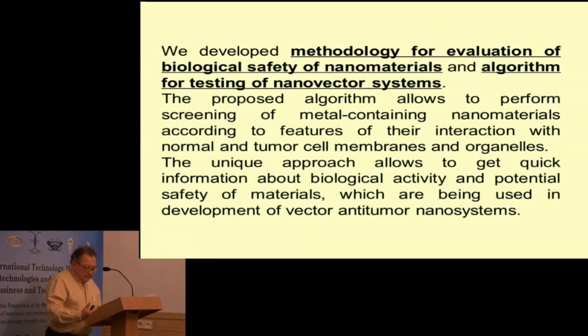So in future, this algorithm allows screening of metal-containing materials according to features of their interaction with normal and tumor cell membranes and organelles. So it helps to identify nanomaterials and nanoparticles that could be used in any branch of economy.